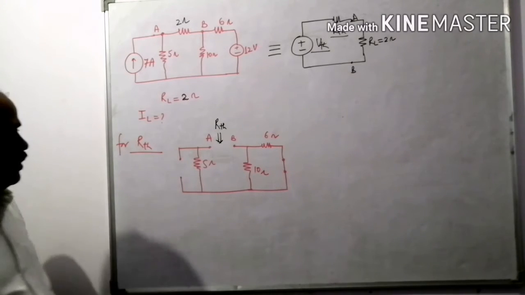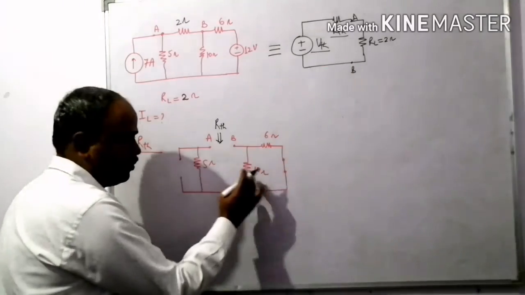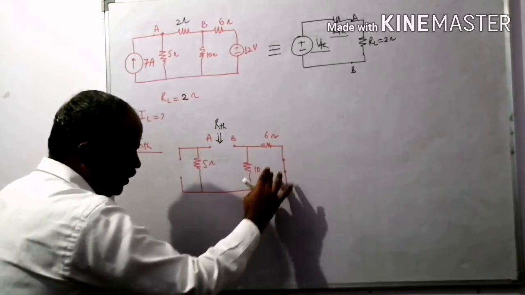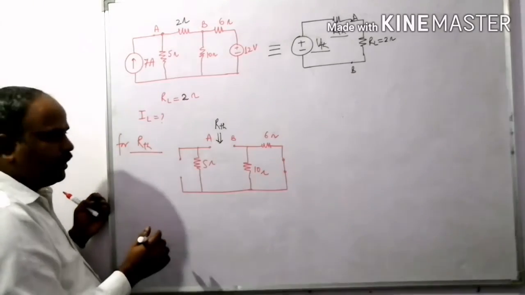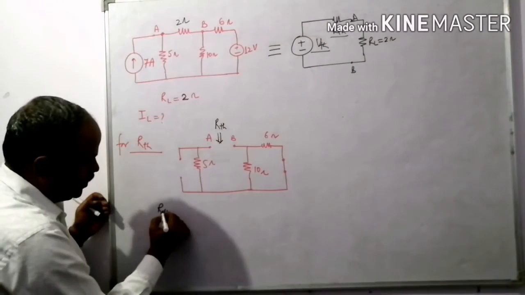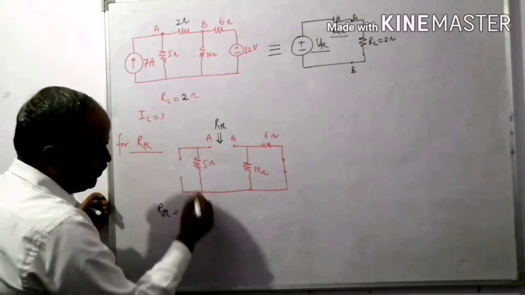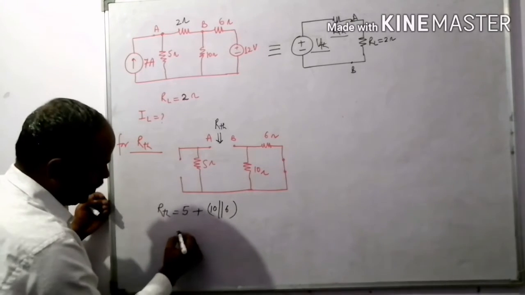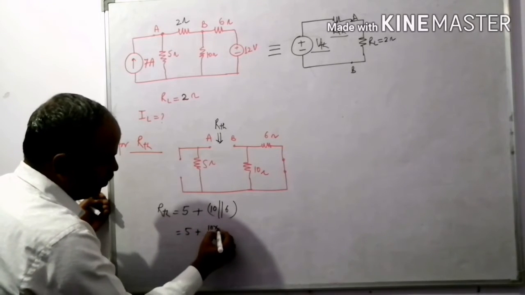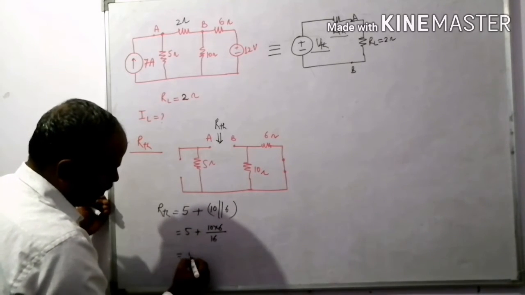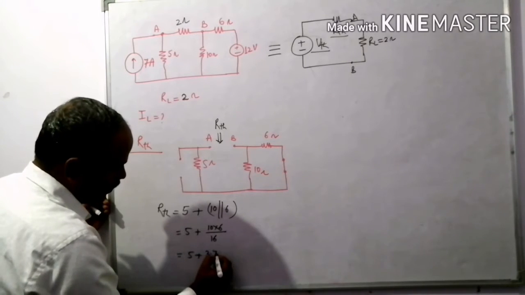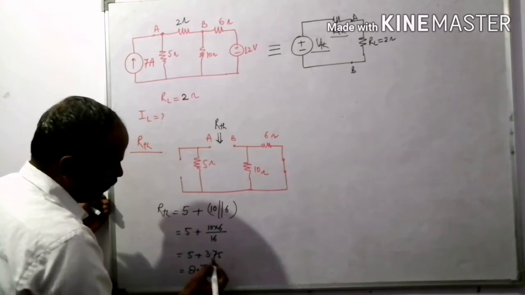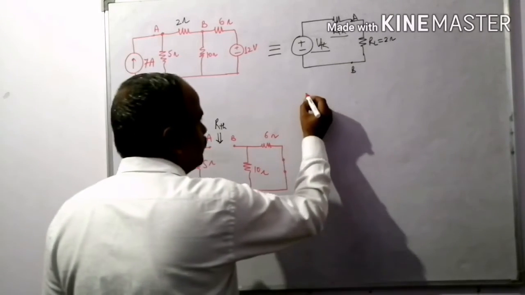For this particular, this 6 ohm and 10 ohm, these two are in parallel. And this parallel combination is in series with 5 ohm. Right? That's why RTH is nothing but 5 plus 10 and 6 in parallel. It becomes 5 plus 10 into 6 divided by 16, that is 5 plus 3.75, it becomes 8.75 ohm.